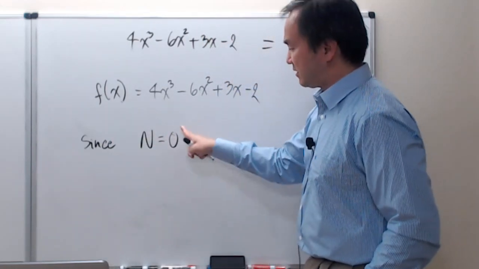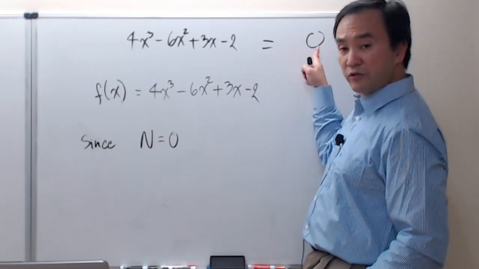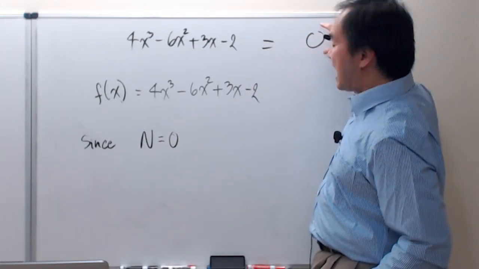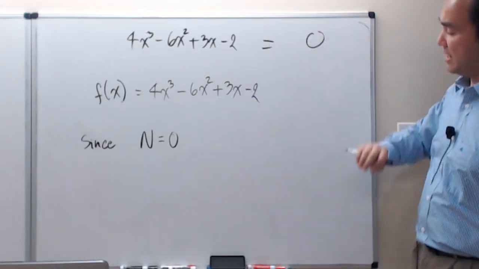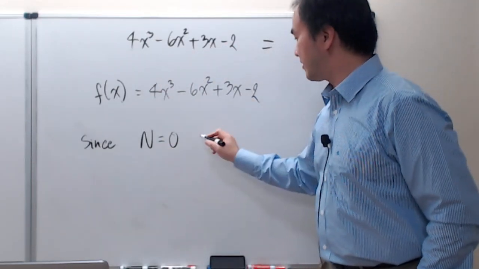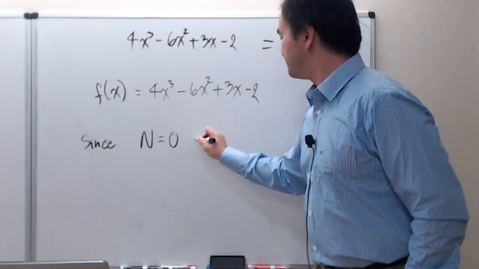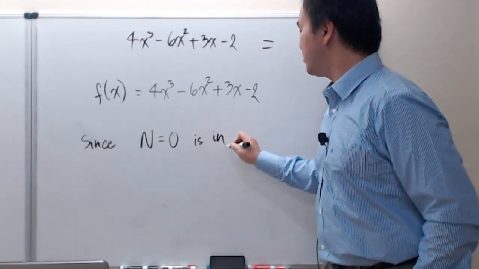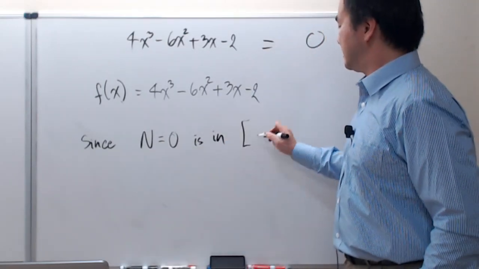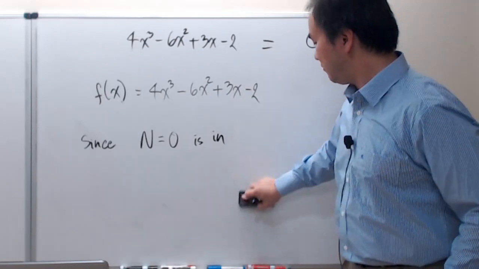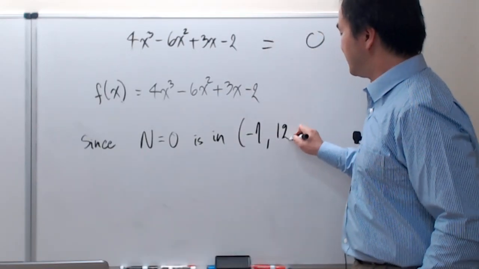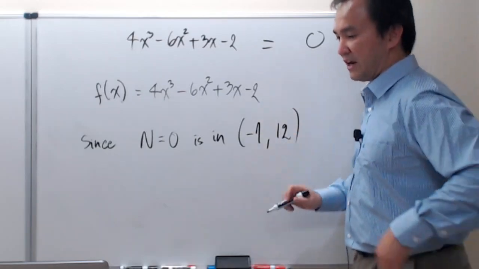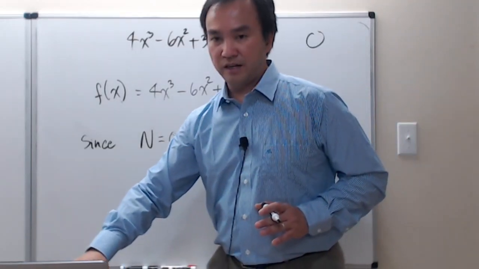And why do I look at 0? Because 0 is the output value that we equate our function to on the right-hand side. So since n equals 0 is a value somewhere between -1 and 12, this is the vertical interval that I was talking about in my earlier picture.